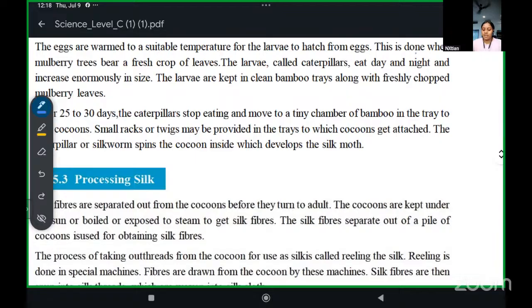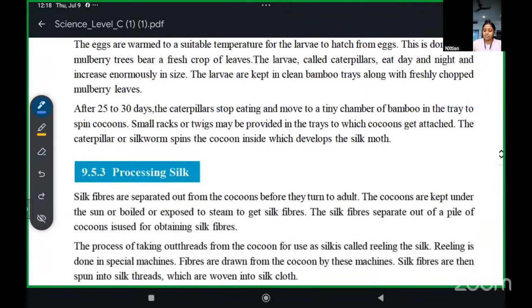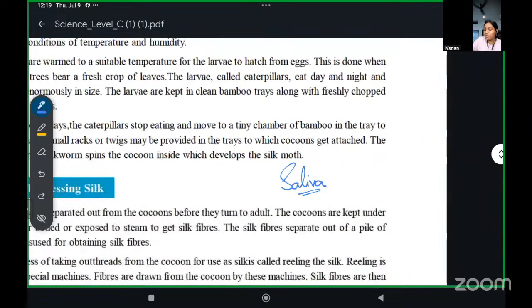Ma'am, what are cocoons made out of? It is saliva that these creatures secrete out of their mouths, which is made up of protein.